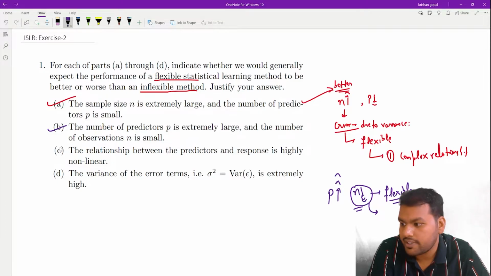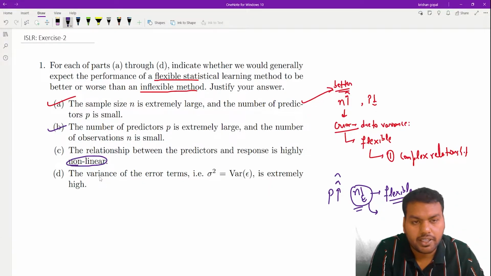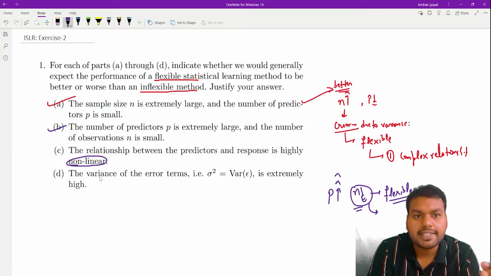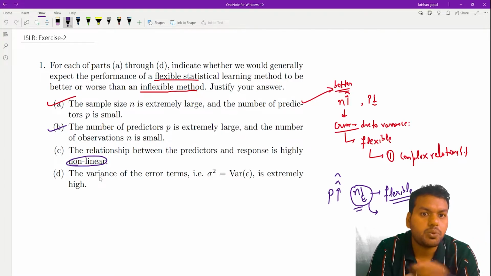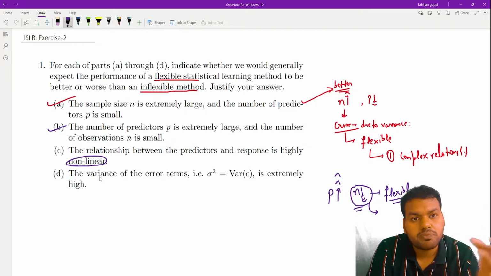I hope you understand. Now, the relationship between the predictor and the response is highly non-linear. Once we know it is non-linear, we need not think about an inflexible method. We should go for the flexible method because flexible methods have the ability to capture complex or non-linear relationships compared to inflexible methods.